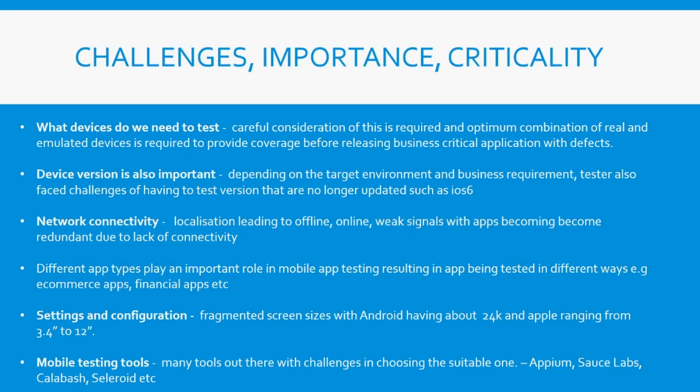It is of no use to take an outdated device version and test your application against it, because a lot of emphasis will be given to newer versions, newer devices and new operating systems, because that is what is in vogue.